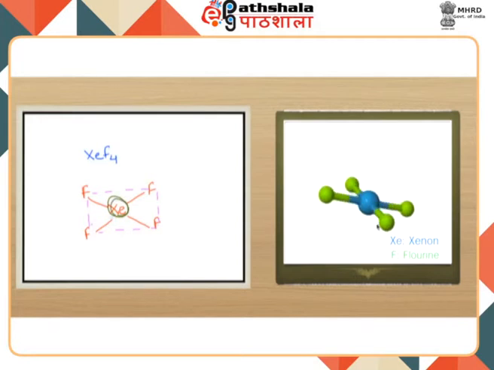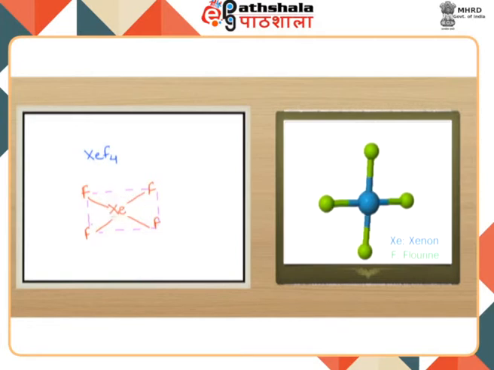Through this center of symmetry, if you move this side, you have a fluorine atom. If you move this side, you again have a fluorine atom. Similarly, these two fluorine atoms, this one and this one, are also symmetrically placed. So you can clearly see in this particular case, xenon is the center of symmetry.